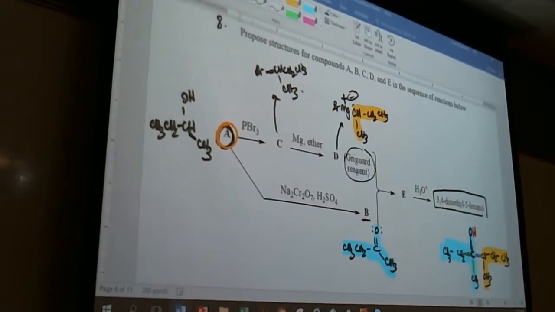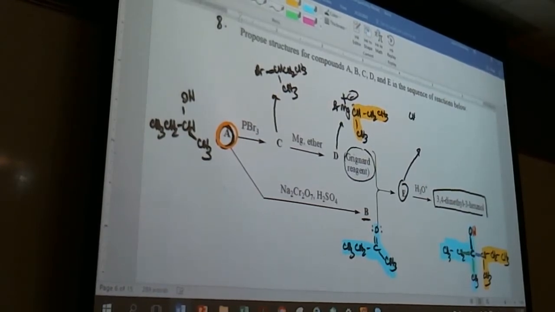So this secondary alcohol is either oxidized to this ketone, that would be B, or with PBr3, this gives me this alkyl halide, which in the presence of magnesium forms this Grignard, which then is added to this ketone to form this alkoxide intermediate, right?